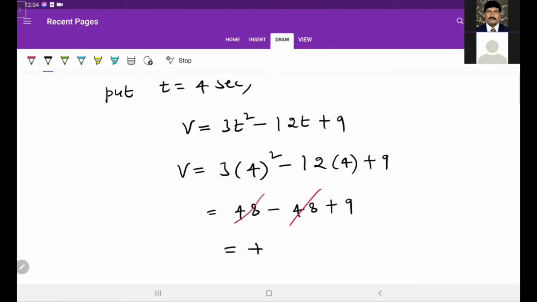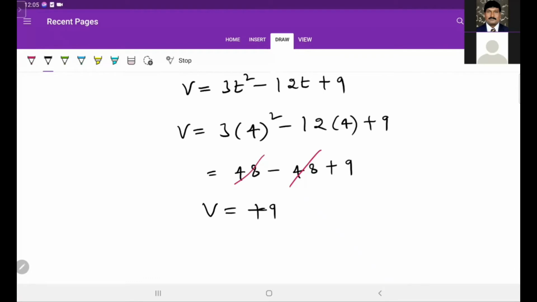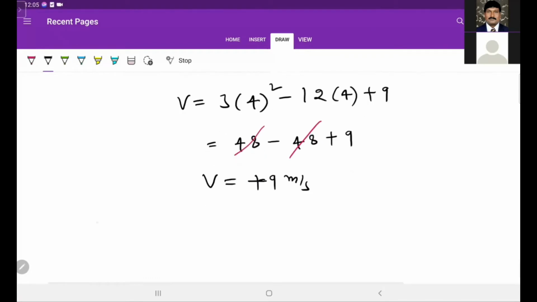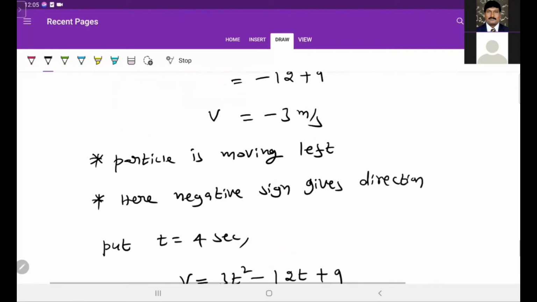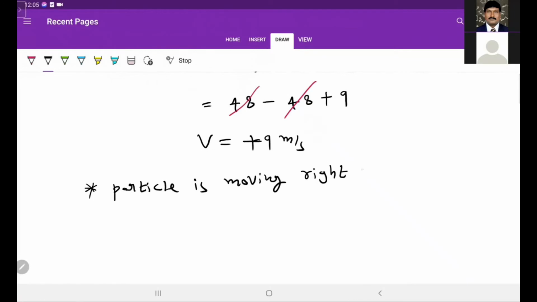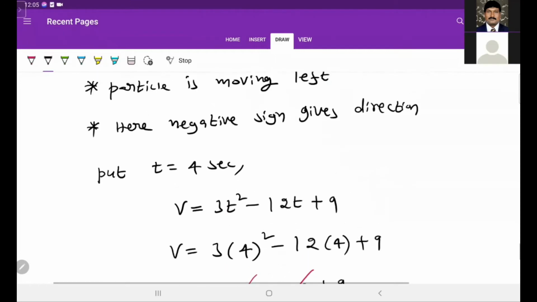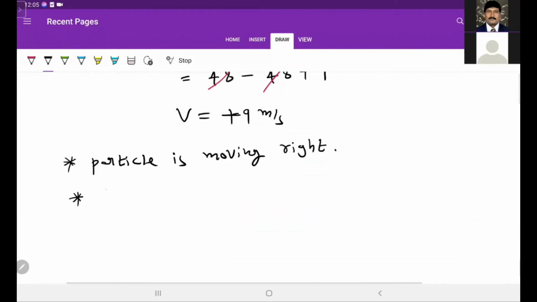We are getting plus 9. This positive sign also has importance. Plus means the particle is moving right side. Previously the particle was moving left, now the particle is moving right. Here the negative sign gives direction, and here the positive sign also gives direction.